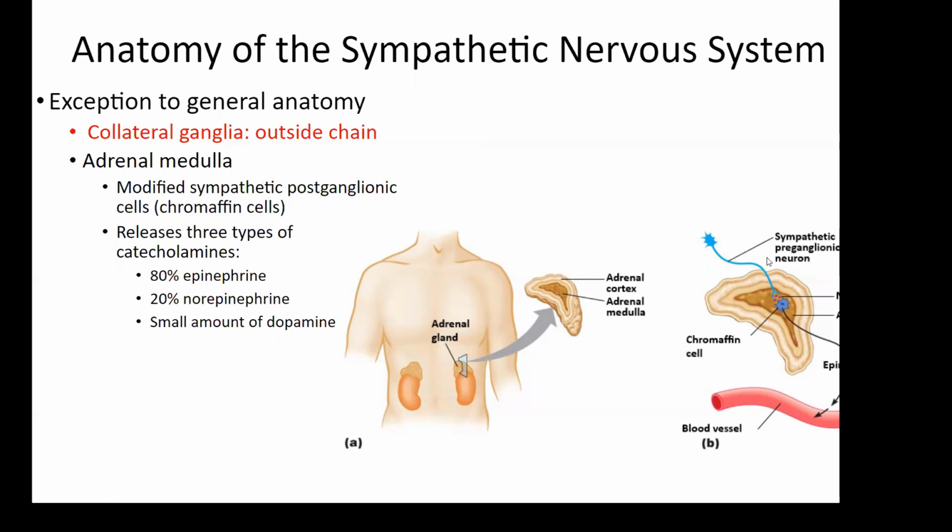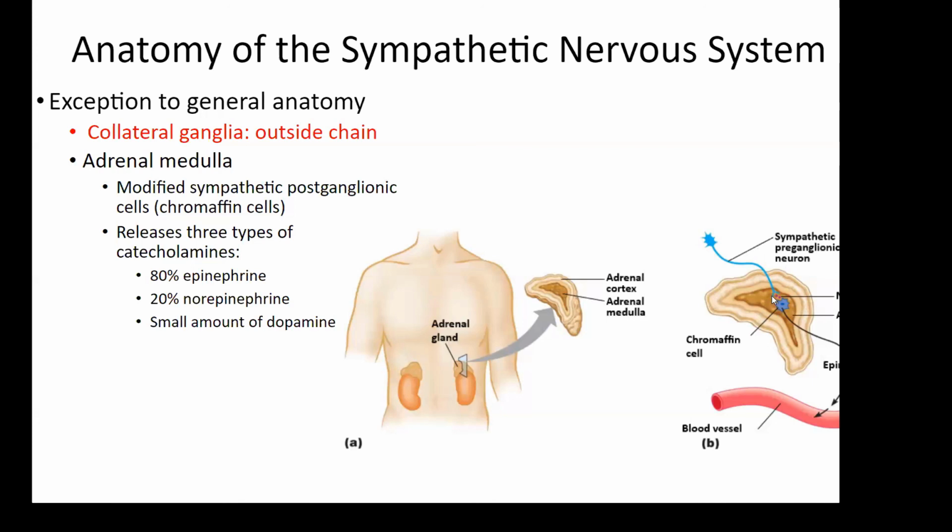So when we're looking at the adrenal glands, if we're thinking about the sympathetics, we'll have a sympathetic preganglionic neuron go all the way into the adrenal gland, into the adrenal medulla, and then synapse with a chromaffin cell. So a chromaffin cell is like a super compressed postganglionic neuron.